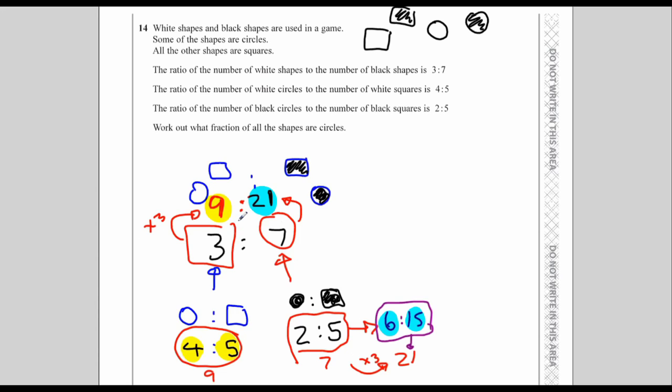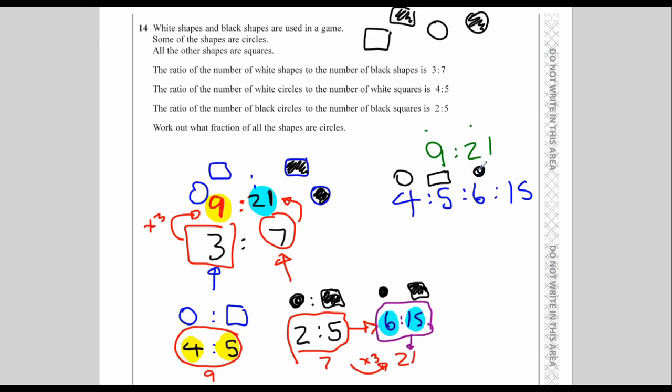So now, 9 to 21, for white to black, can be written as 4 to 5 to 6 to 15 as one big ratio. And let me just draw a diagram of each one. So your 4, remember, was your white circles. Your 5 was to do with your white squares. Your 6 was to do with your black circles. And your 15 to do with your black squares.